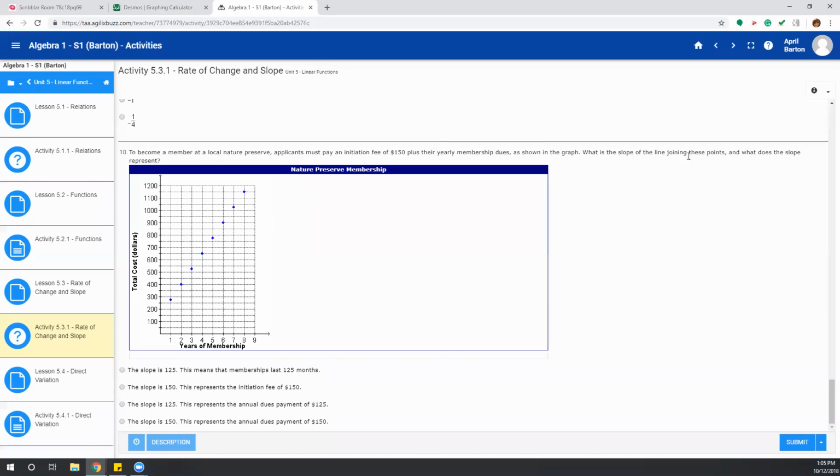What is the slope of the line joining these points, and what does the slope represent? So if you're given an application problem like this, finding the slope is still the same. Finding the slope is still the y2 minus y1 over x2 minus x1. We just have to be able to read this graph and identify some of these points.